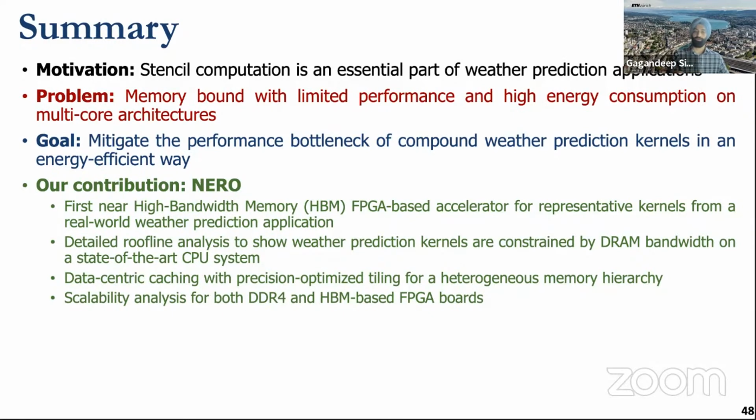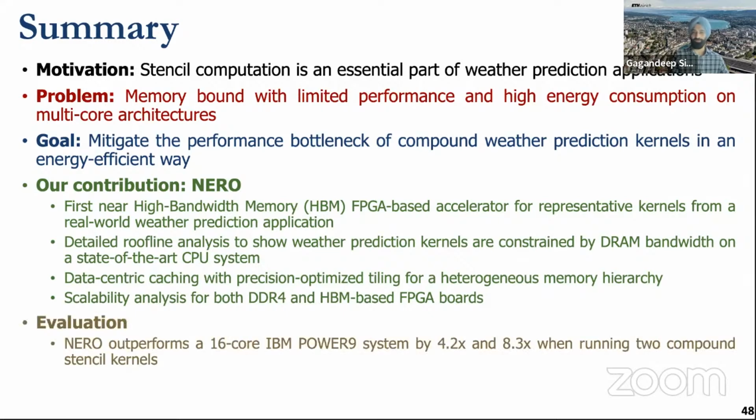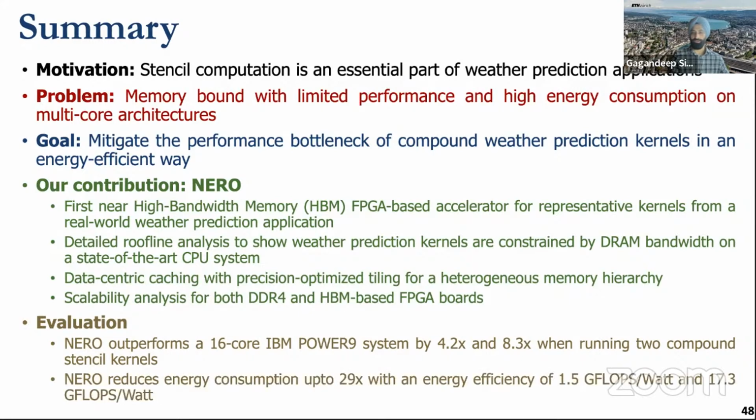We also extrapolated not just to stencils but to different applications, based on the insights we gained. In the evaluation, we showed we can easily outperform the CPU-based system with really good results, and we also get better energy efficiency if we offload this computation to an FPGA.